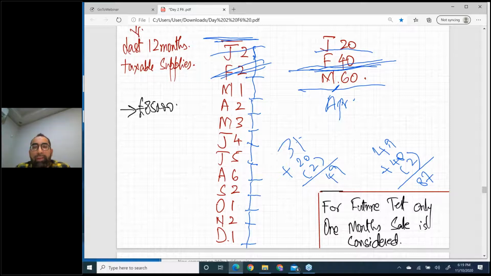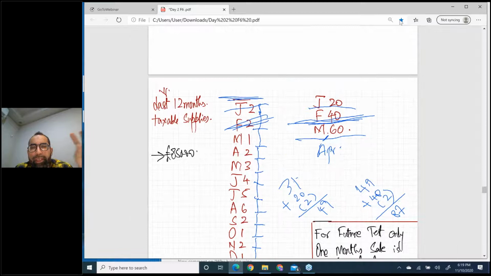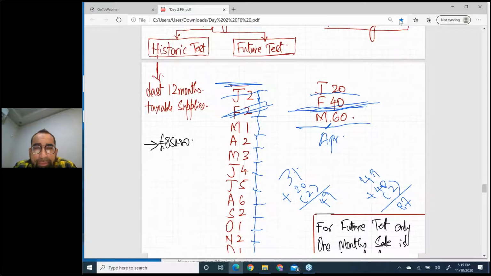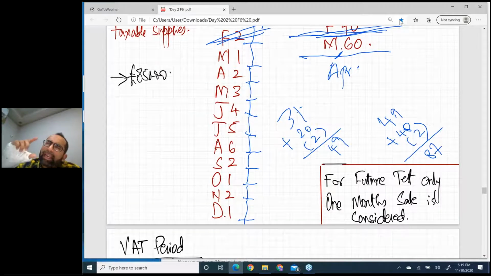Now there is one more test which we call the future test. The future test is only for 1 month, not for 12 months.